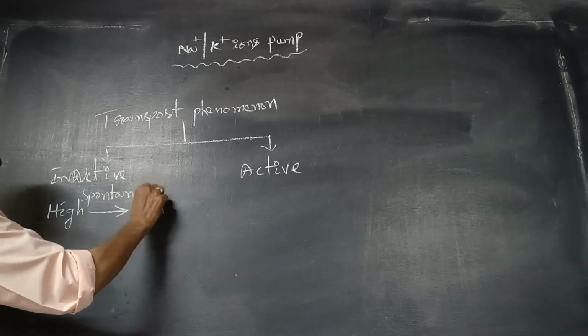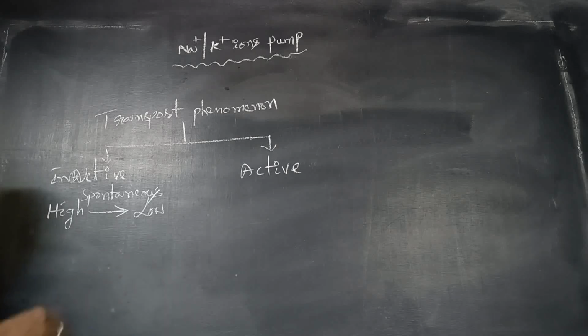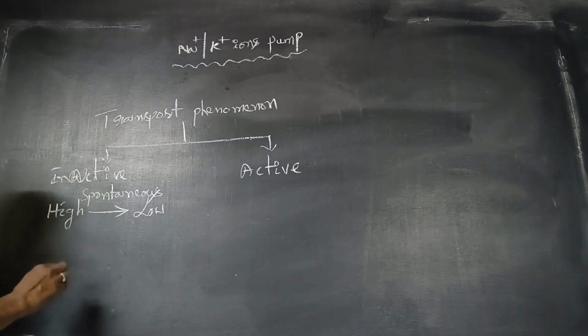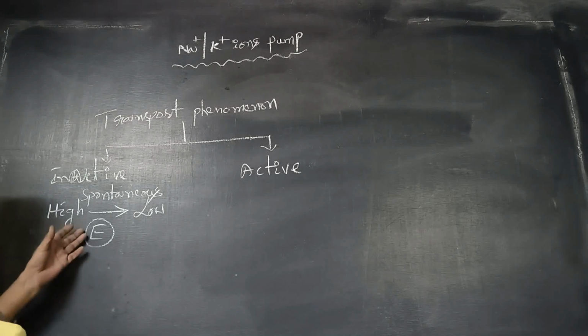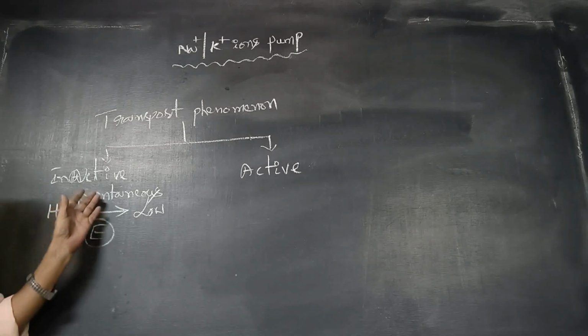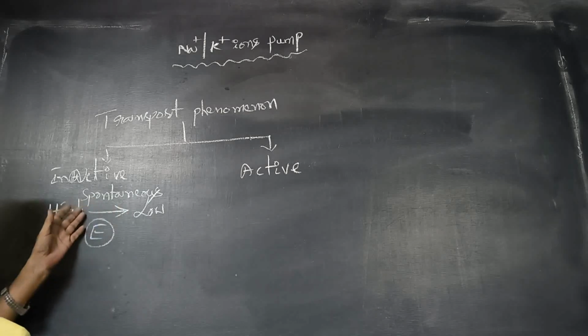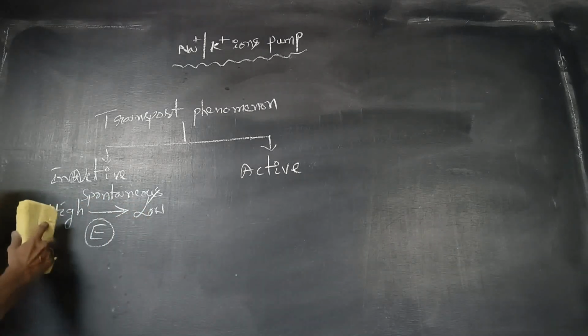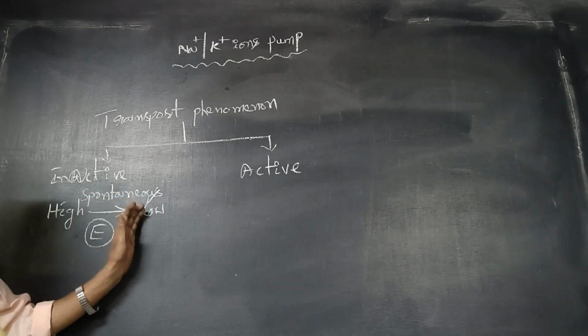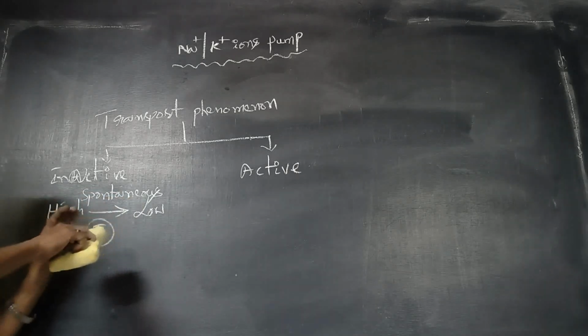It is called a spontaneous process. For this to happen, there is no need of energy, because it is occurring naturally. There is a high concentration area and a low concentration area, and there is a passage, a connection between these two.